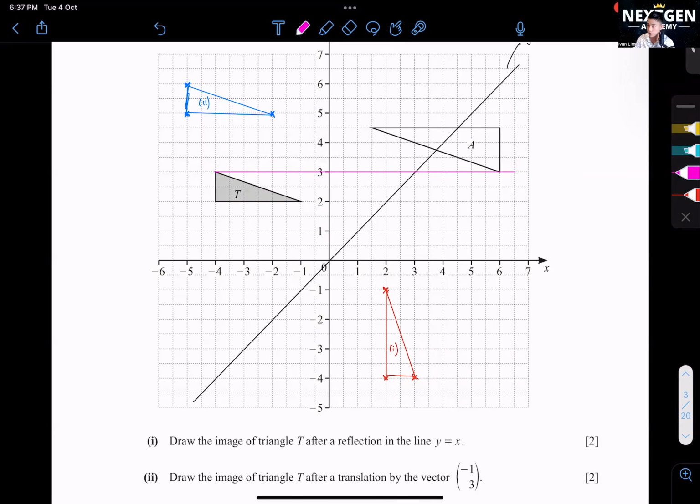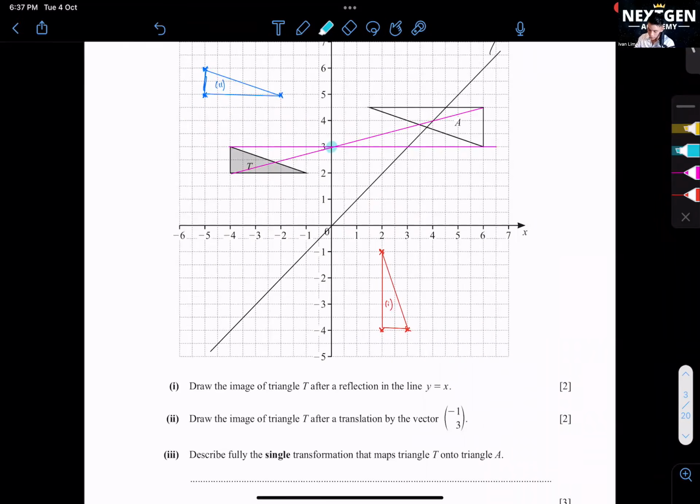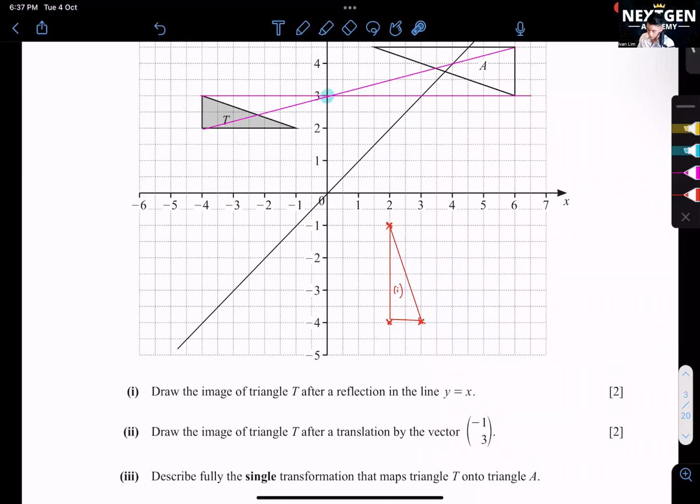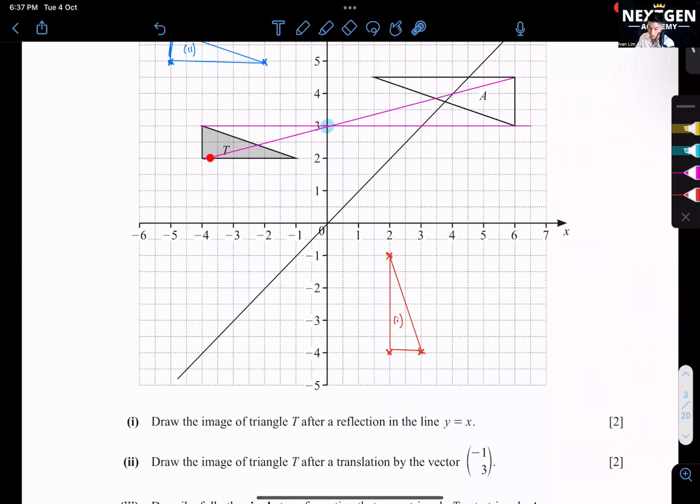So you connect the points. You just need to connect 2 points. So I'm going to connect this and here. Then where they intersect, this is the center. You just need to connect any 2 corresponding points. Then from T to A, this one is easy for you to count.